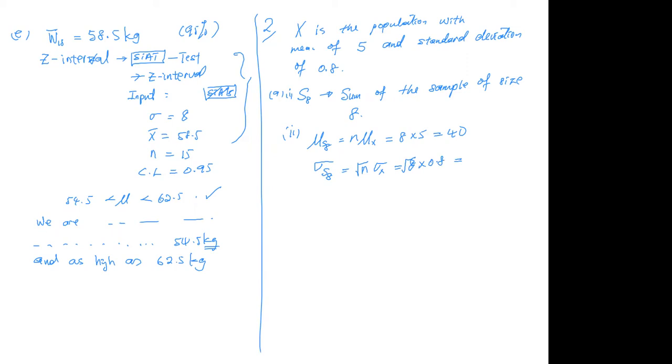Okay, then the third one, I may ask you to find the probability that S8 is greater than 35, less than 42. As long as the sample size is large enough, or the NP or whatsoever, this is normally distributed.